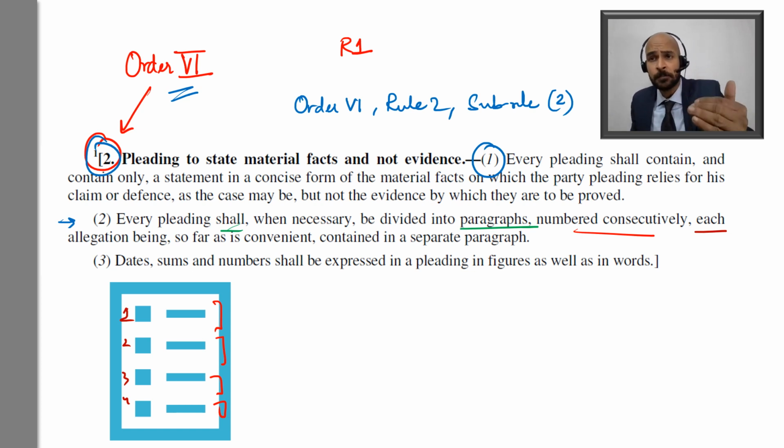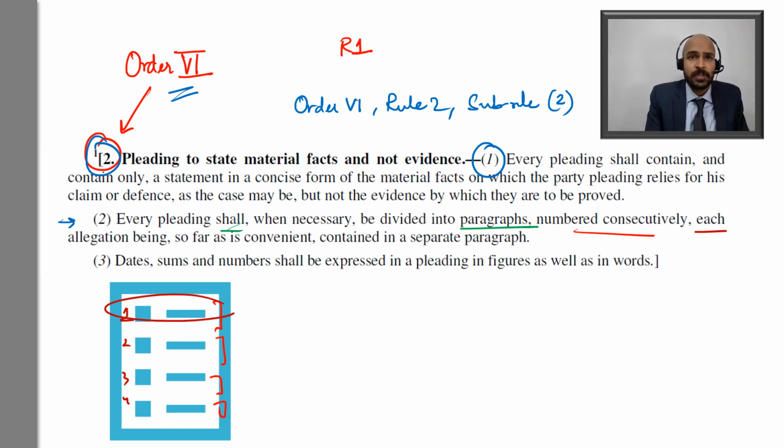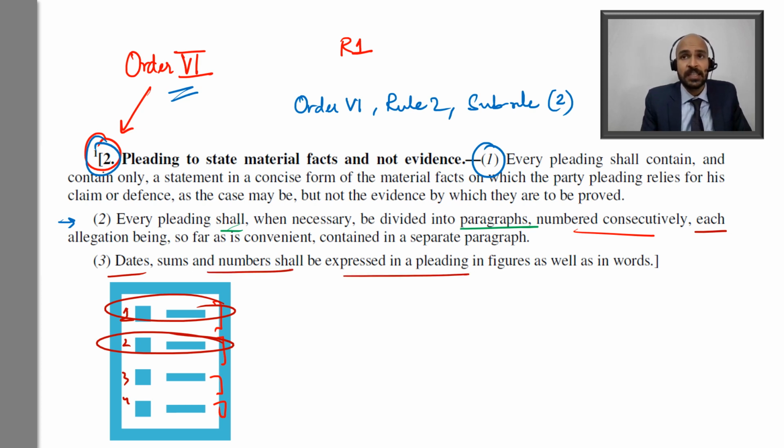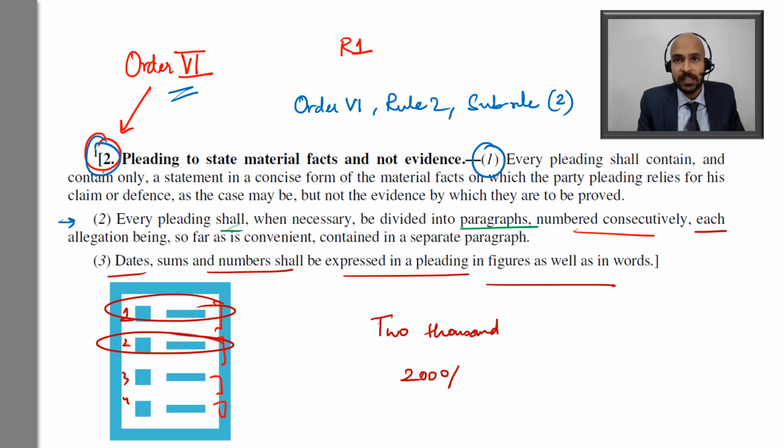So each thing that you say, for example, you say that he took my money on so and so date, then he refused to return it on this date and so on. They should ideally be in separate paragraphs. And then it says that the dates, sums and numbers shall be expressed in figures as well as in words. So let us say someone had taken 2,000 rupees of yours. You would say two thousand in words, and you'd also write it in figures.